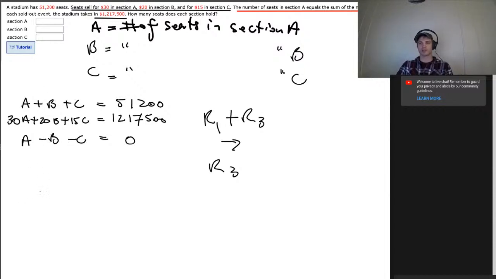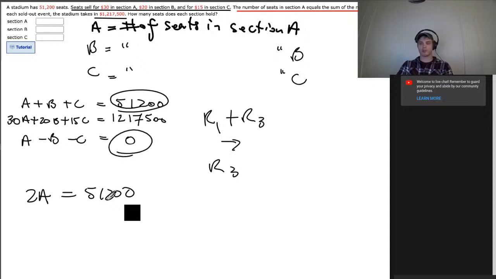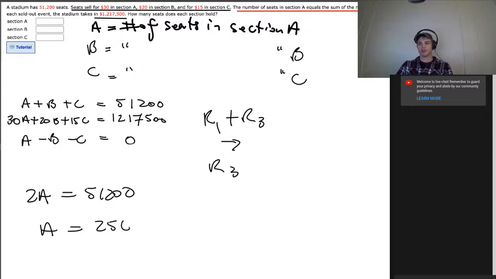So row 3 becomes 2a equals 51200. So 51200 plus 0 is 51200. And then this plus this is just 2a. Then I can divide both sides by 2 and get 25600.